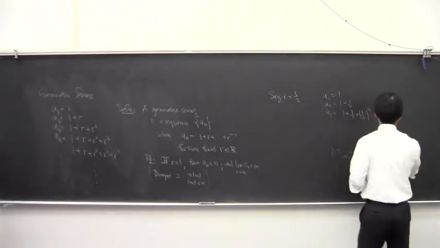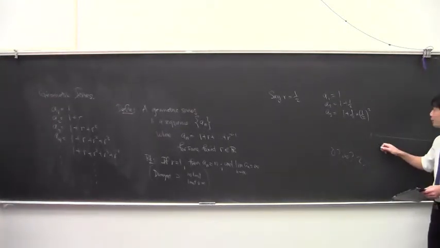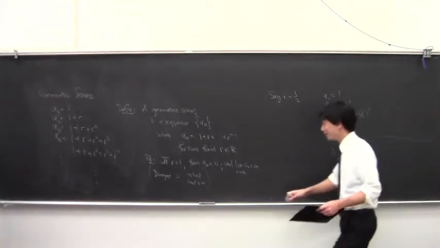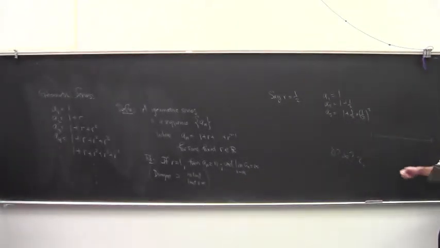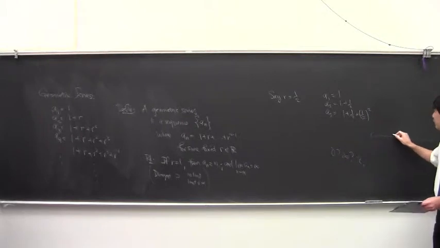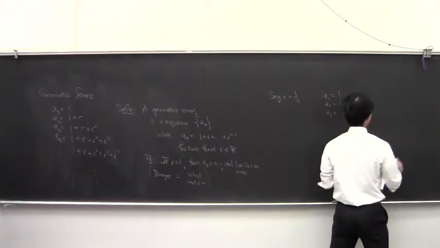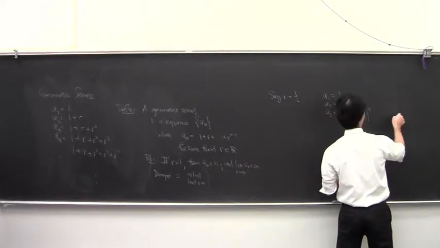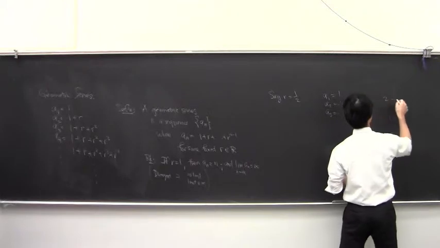This is related to Zeno's paradox, right? Which came up earlier. So if you look at this, I'll draw it vertically. Here's 1 and here's 2.